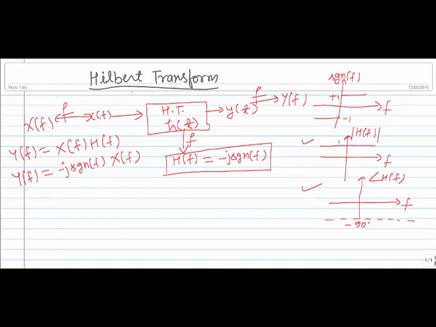We can easily observe that the magnitude of the output frequency response is the same as the magnitude of the input frequency response, isn't it? While the angle at the output is the same as the angle of the input, except it is phase shifted by an angle of minus 90 degrees. So this is the definition of Hilbert transform. It does not cause any change in the magnitude, but it causes a phase shift of minus 90 degrees to all the frequencies of the output.